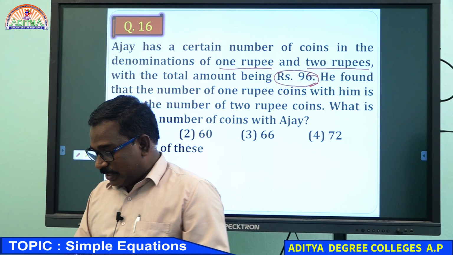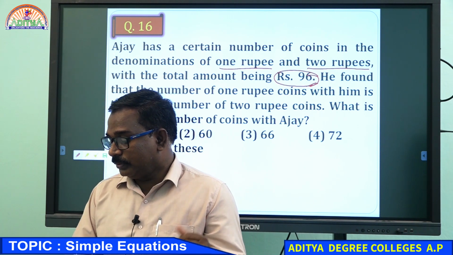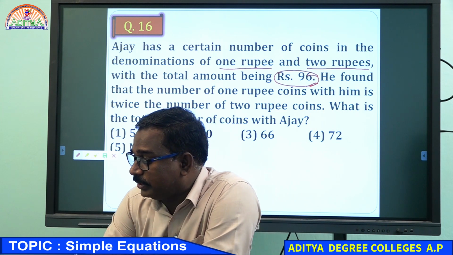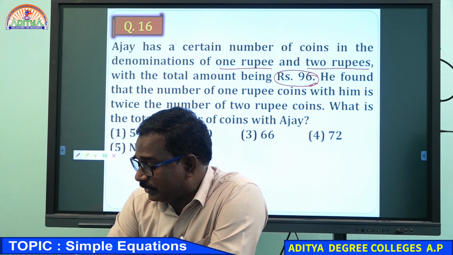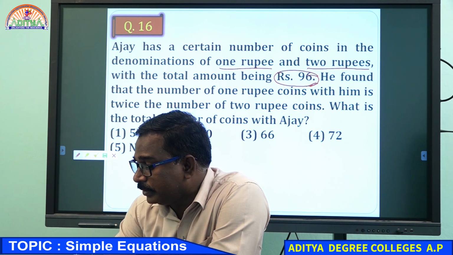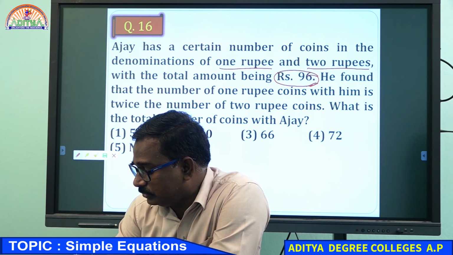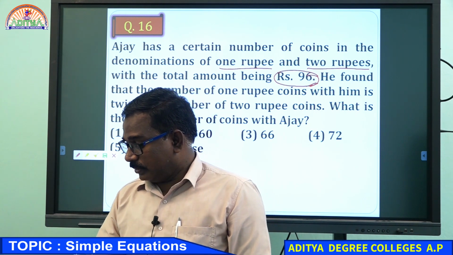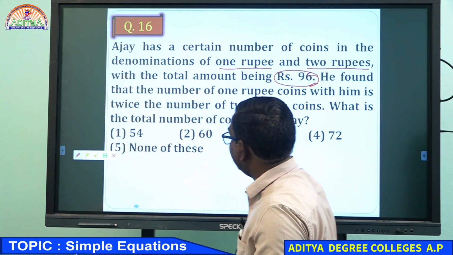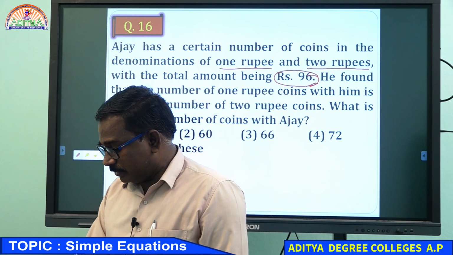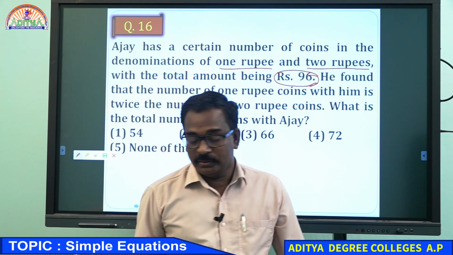Somebody wrote 72, very good, the answer 72 is correct. Shweta and Sai Sri wrote 72, very good, many of you started answering 72. Somebody wrote none, how? Without trying you are writing none, Lena, Samir.